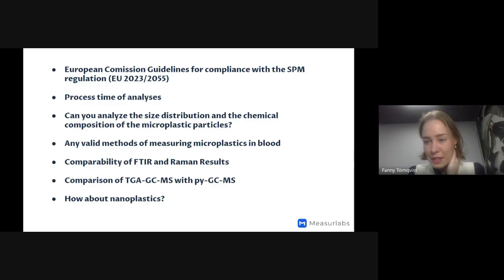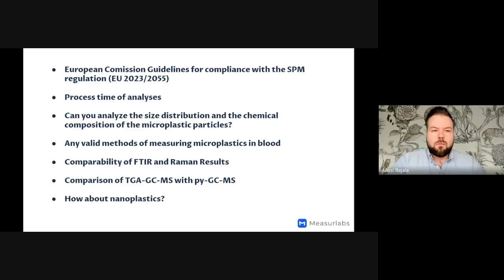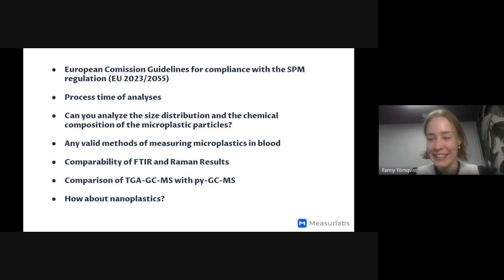Then we have one more question about water samples. Paula is asking, for clean water samples where the concentration of microplastics is low but the presence of inorganic matter is high, what would be the recommended pre-treatment?